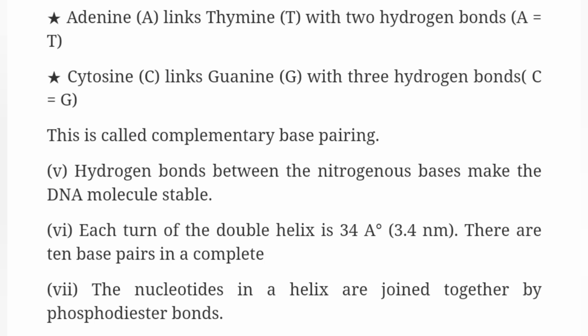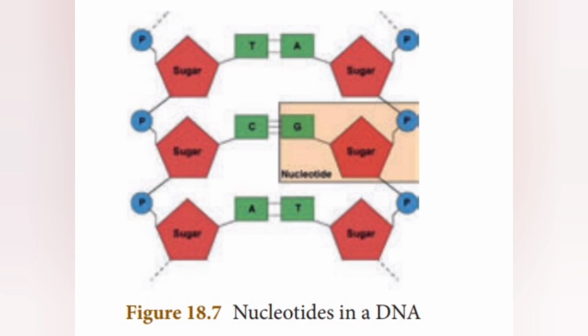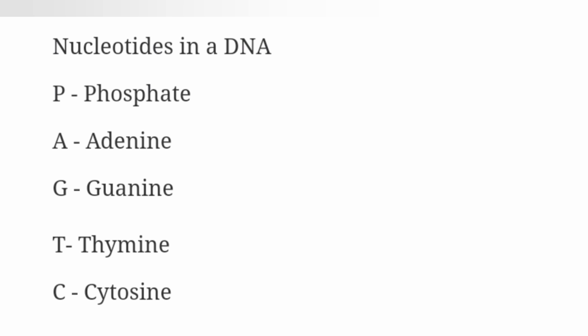Then seventh point, the nucleotides in a helix are joined together by phosphodiester bonds. Draw this picture and label the parts. Nucleotides in a DNA: P phosphate, A adenine, G guanine, T thymine, C cytosine.